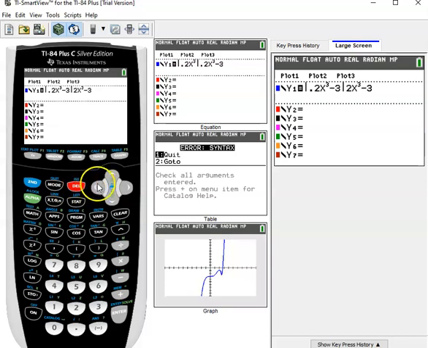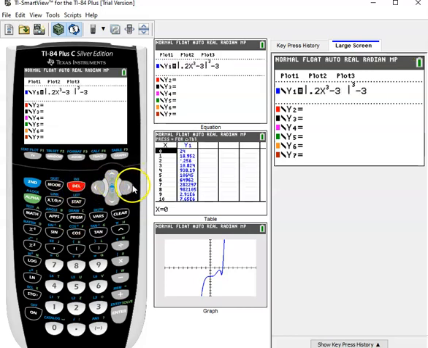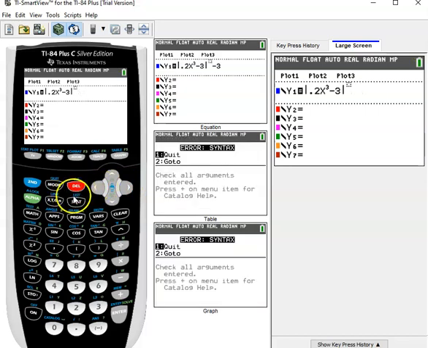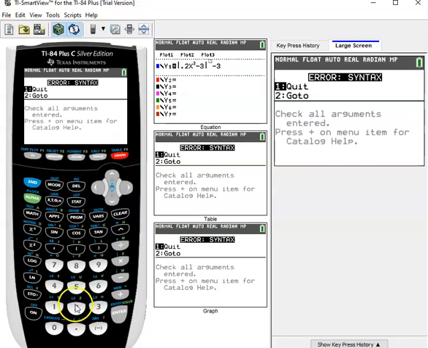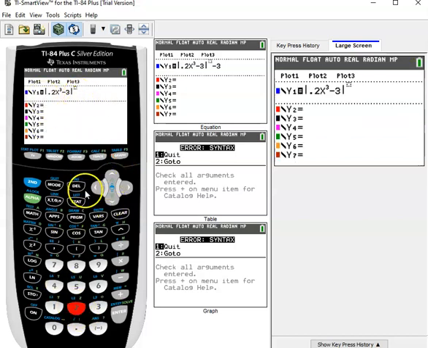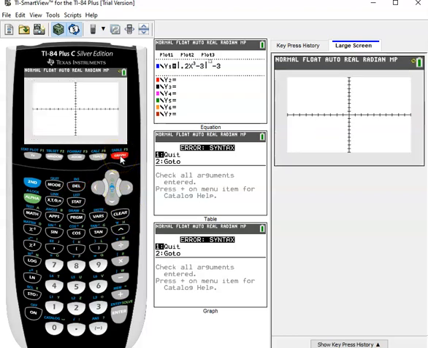And then I want you to see what happens to the graph. Okay, so now look what happens when I graph it.